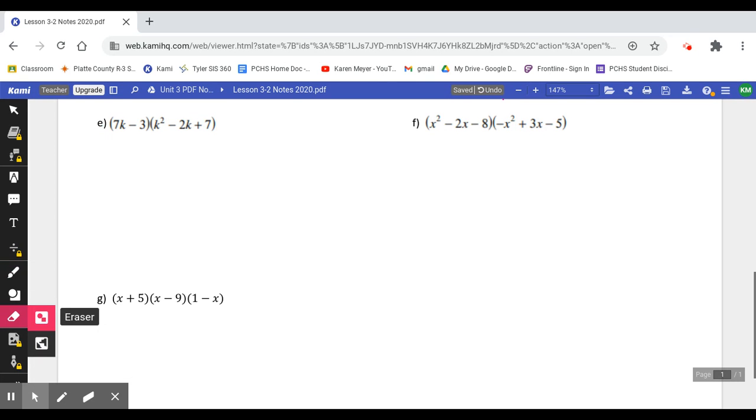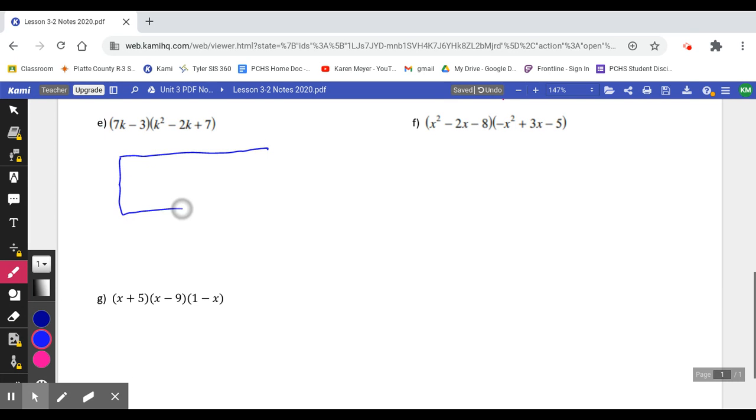Okay, so you've got 2 items in one parentheses, 3 items in the other. So you're going to make a 2 by 3. So I choose to put the 2 parentheses on the side. And the one that has 3, that parentheses, I'm going to put on the top.